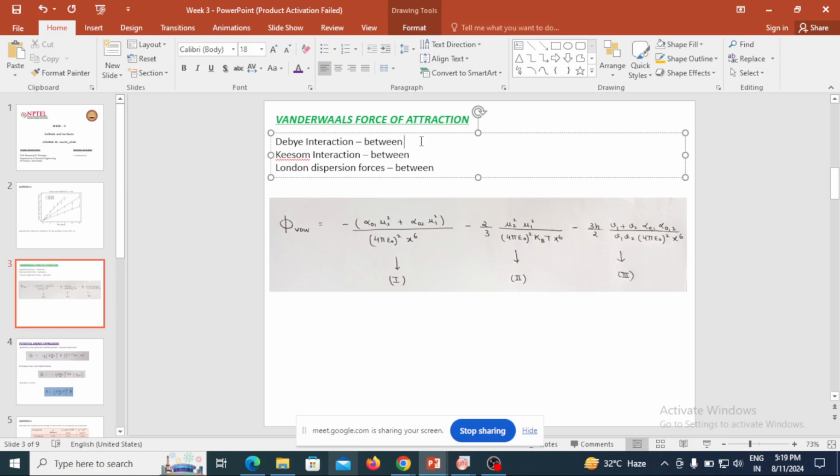Keesom interactions are also similar, and London dispersion also exists between two different types of molecules. Any idea? Yes, any idea on between what type of molecules these interactions can be present?